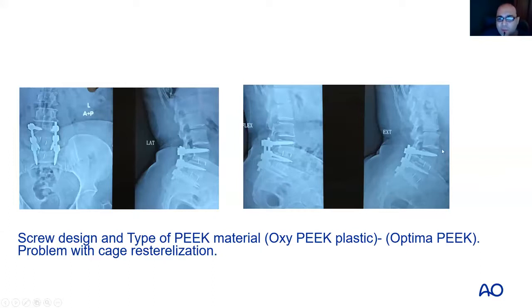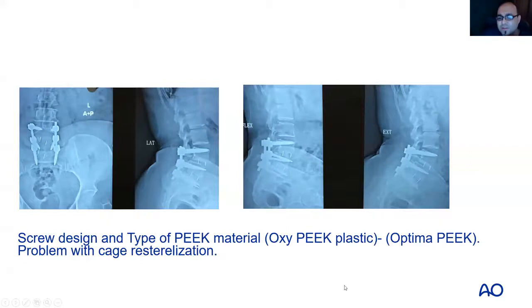So what I learned from this case regarding the screw design is that the conical designs of the screws really hold much more in comparison with the cylindrical screws. This is my experience. Also, the type of PEEK. We have 2 types of PEEK: oxy PEEK, which is considered a plastic, and PEEK-OPTIMA. PEEK-OPTIMA is okay and fine, and most of these cages come sterilized in a package.